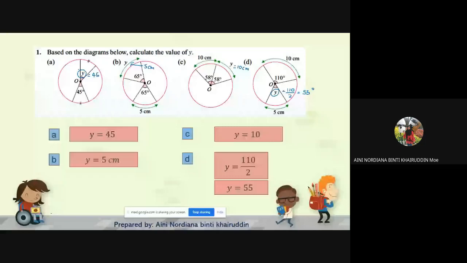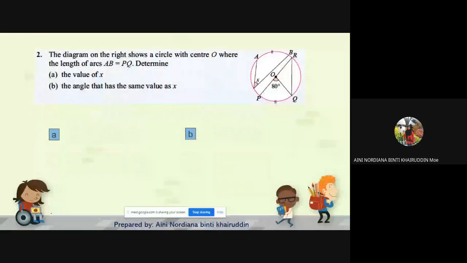Next, question number 2. Determine the value of x. So PQ and AB have the same length of arc. So angle at center here is twice the angle at circumference.